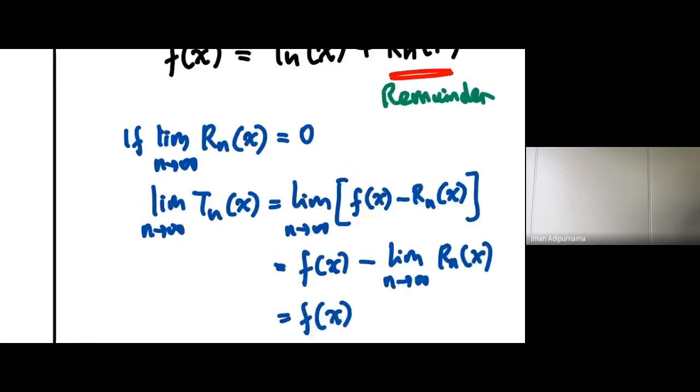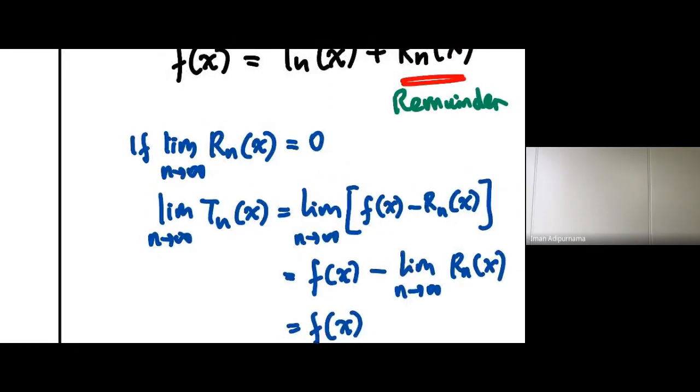So the key is to make R as small as we can, getting closer to 0, so that we can ignore it to make this come true.